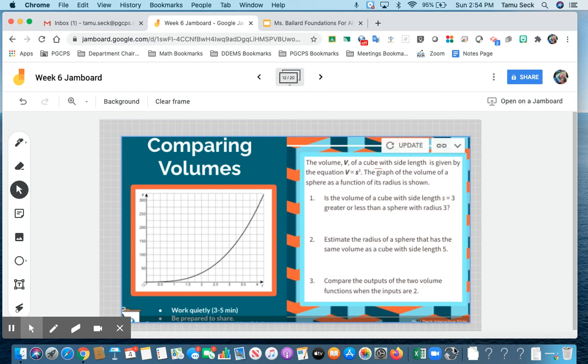So we're comparing, this is the volume of a sphere. So we're comparing the volume S cubed with the volume of the sphere.